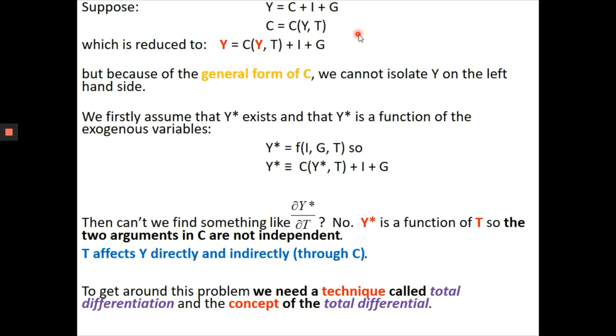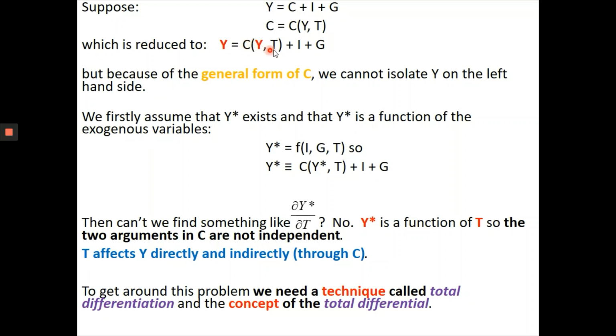So if we work with this national income model here, where we've got income equal to consumption plus investment plus government spending, and consumption is a function of income and autonomous taxes, we will have two endogenous variables, y and c, and our exogenous variables will be I, G, and T. So we can reduce this model to this here, which would be an equilibrium condition, but we cannot isolate y on the left-hand side.